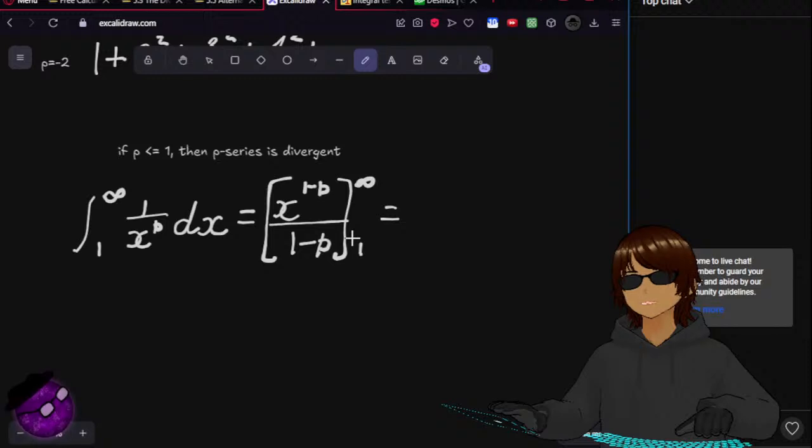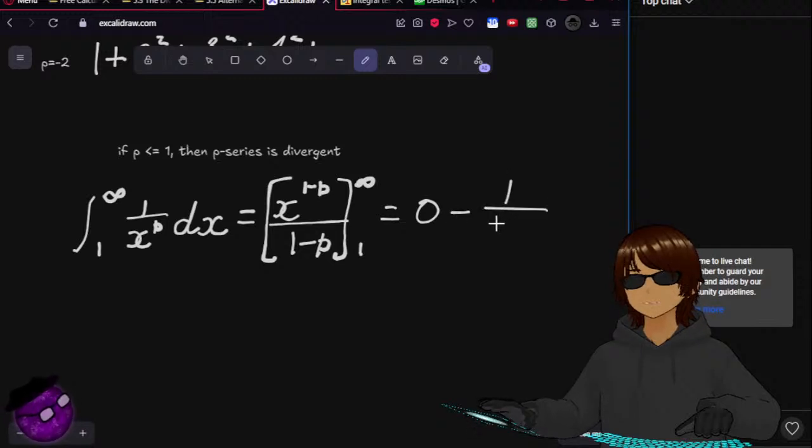And then what? P is greater than or equal to 2, so this would be in the denominator. And then infinity of this would be 0. So 0 minus 1 over 1 minus p, which is equal to 1 over p minus 1.